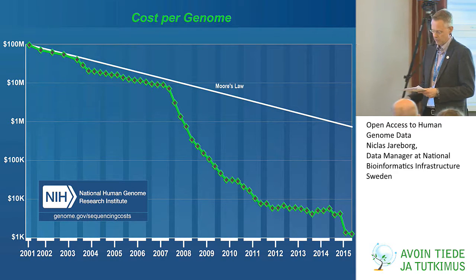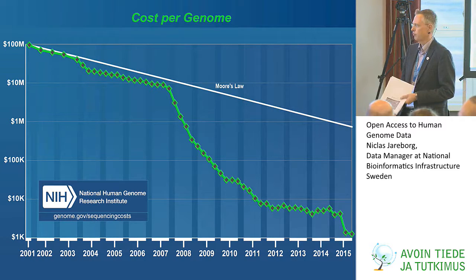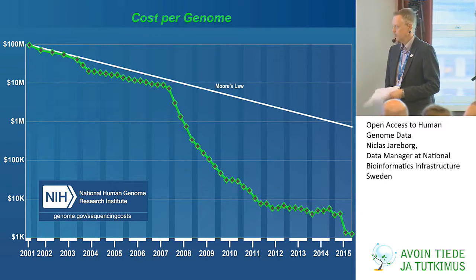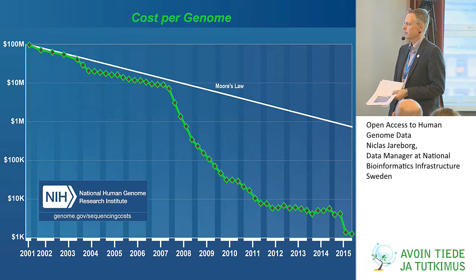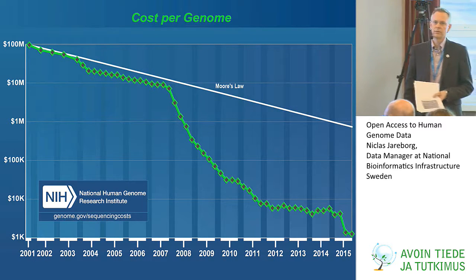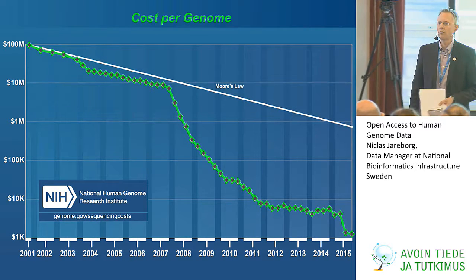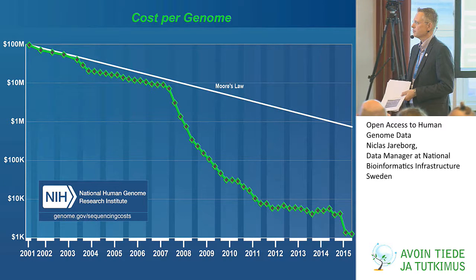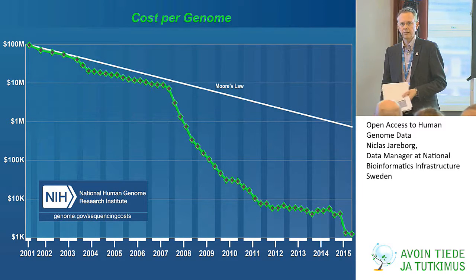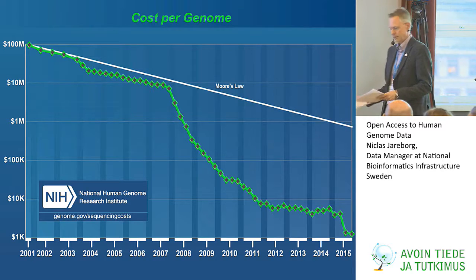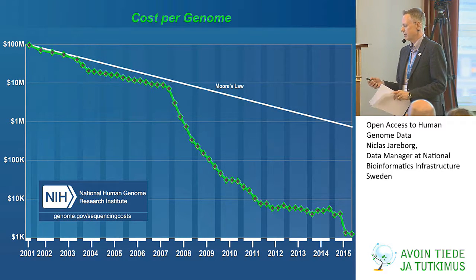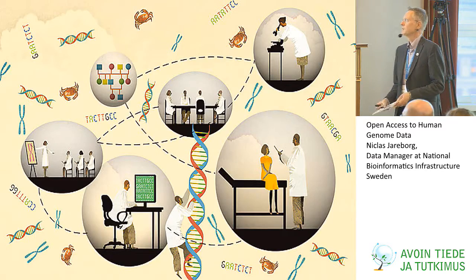And this has caused the cost per genome to fall through the floor. So nowadays we're down at the $1,000 level to determine the genome sequence of a human, and it's done in 2 days. So there's a fantastic, drastic improvement there.